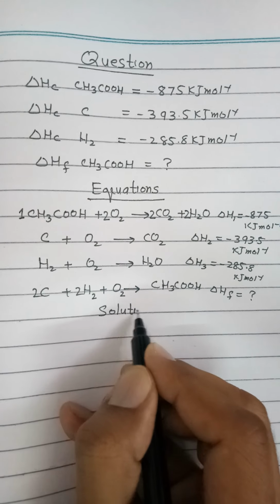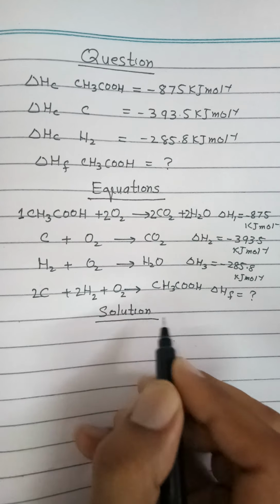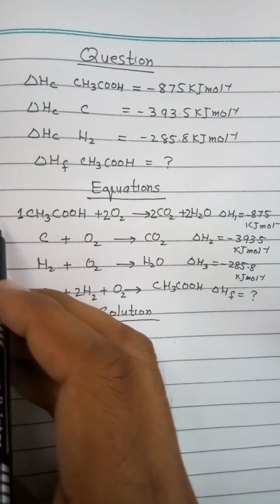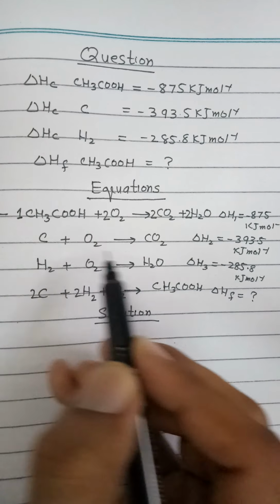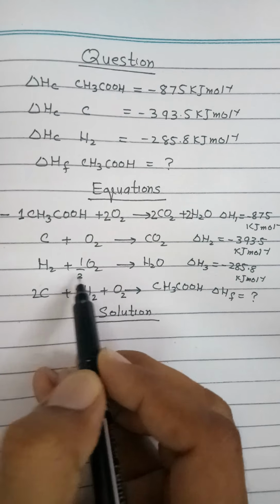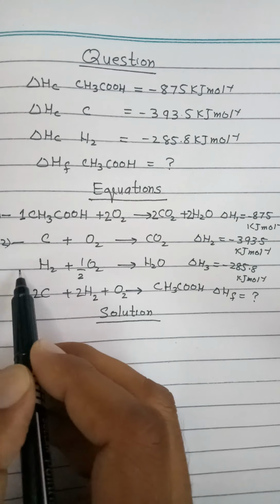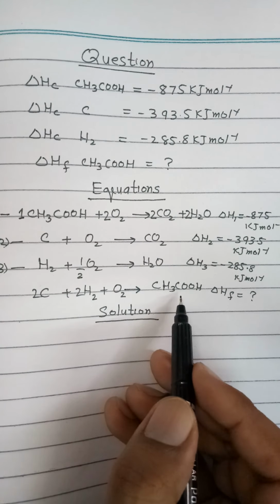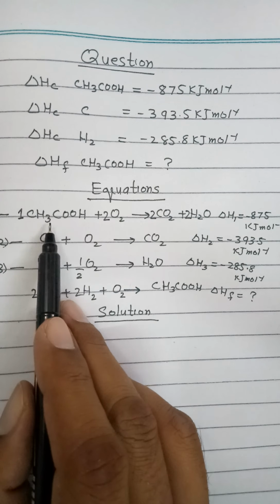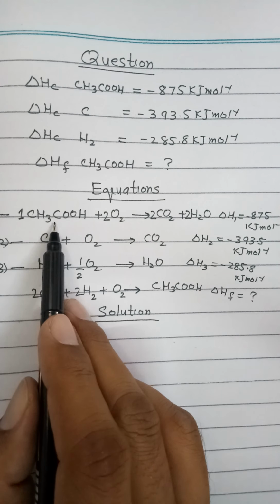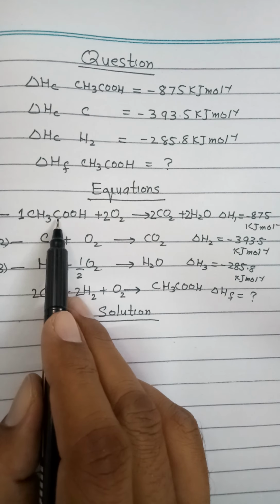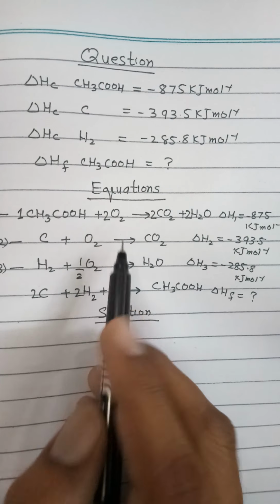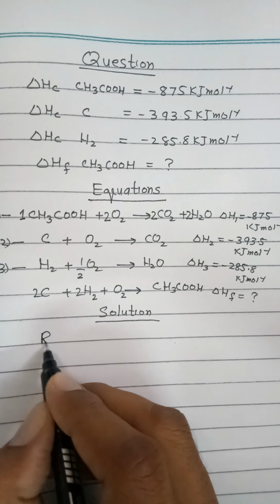In order to solve this question, this is the required equation, and we use all these 3 equations in order to construct this equation. Acetic acid is on the product side here, and in this equation acetic acid is on the reactant side. So in order to make it on the product side, we will reverse equation 1.